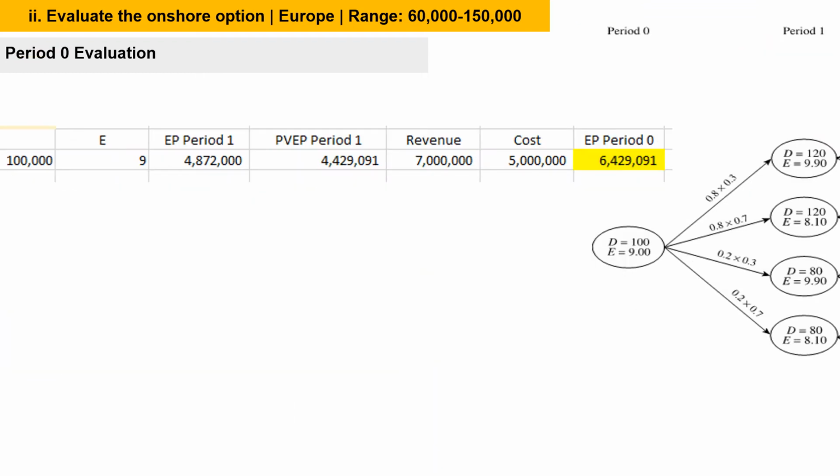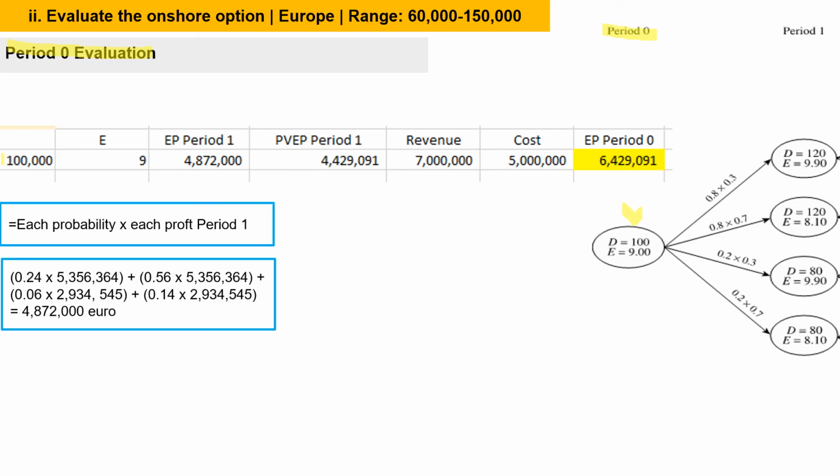Then lastly, for the evaluation for the onshore option, which is the period 0 evaluation. So the decision tree is here, and the table is this. It is only one row because in period 0 there is only one node, with the demand only 100,000 and the exchange rate is 9.